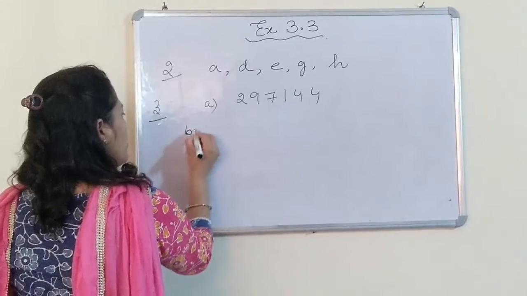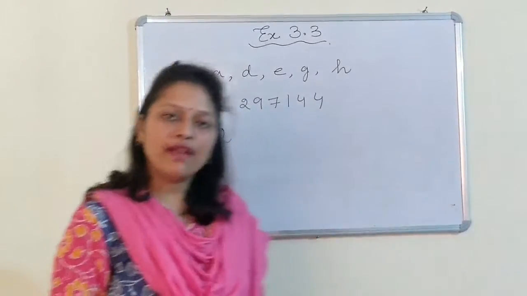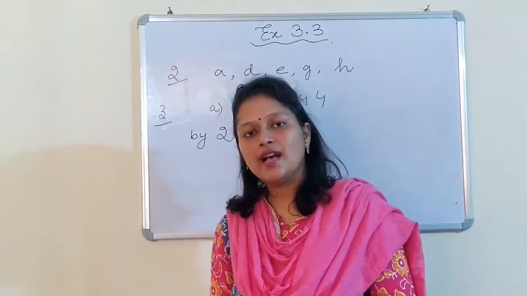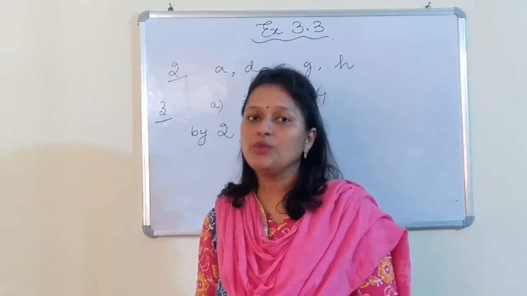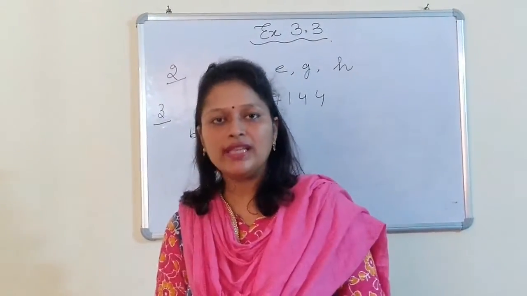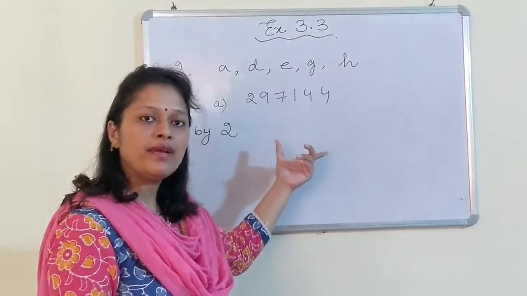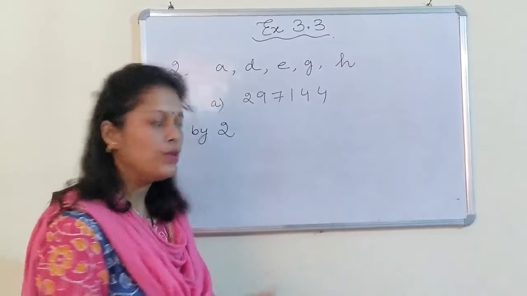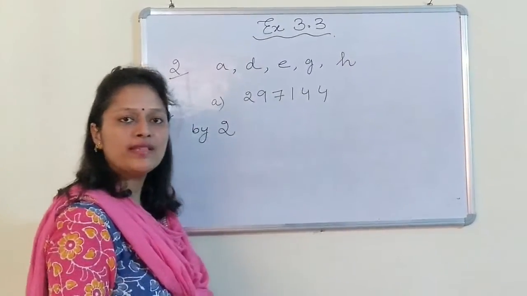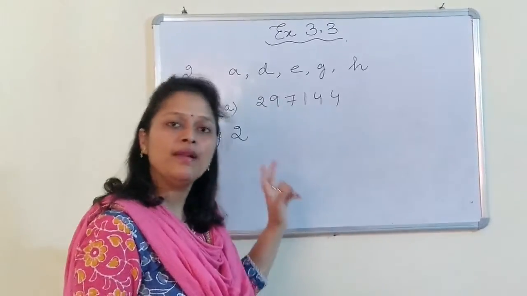So first of all, we will check the divisibility of this number by 2. A number is divisible by 2 if it has an even digit at its unit place, that is 0, 2, 4, 6 or 8. If any of these digits comes at the unit place, then the number is divisible by 2. So in this case, the digit at the unit place is 4. So that means the number is divisible by 2.